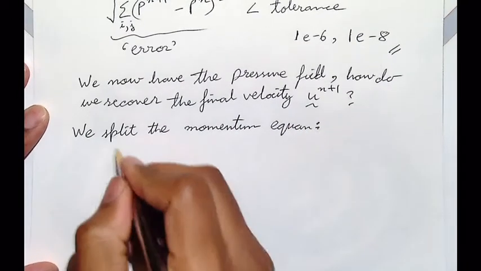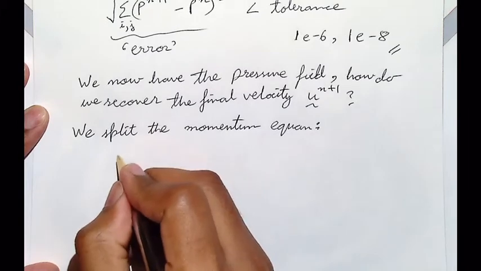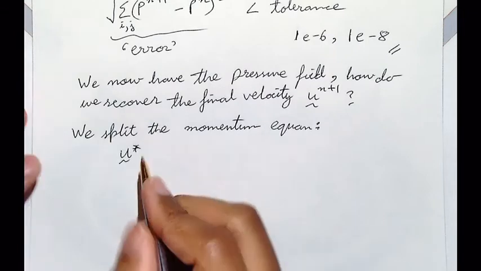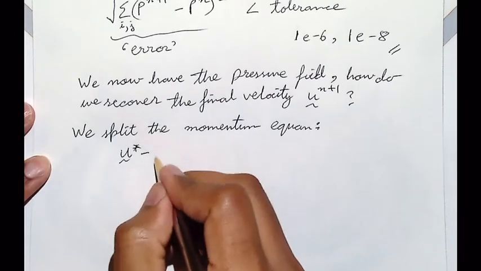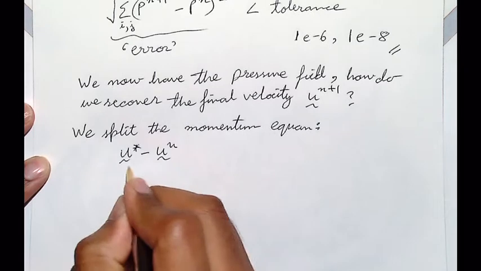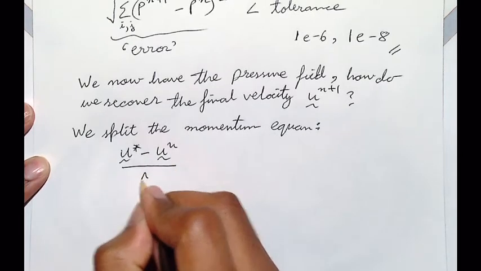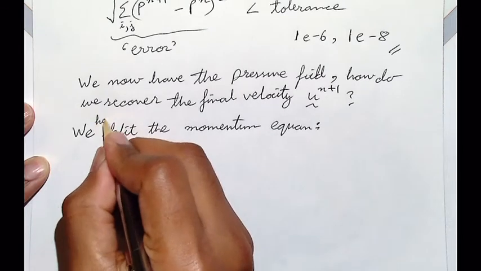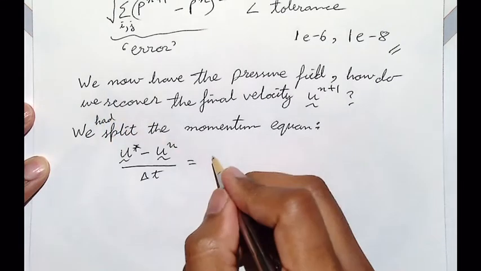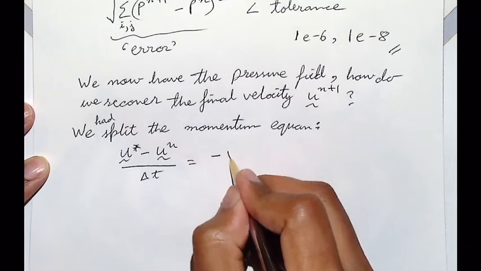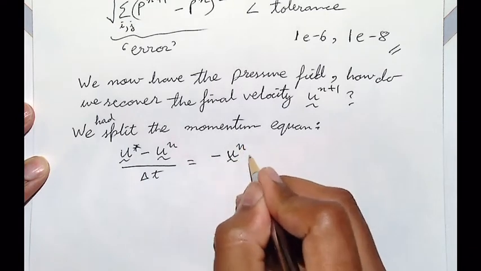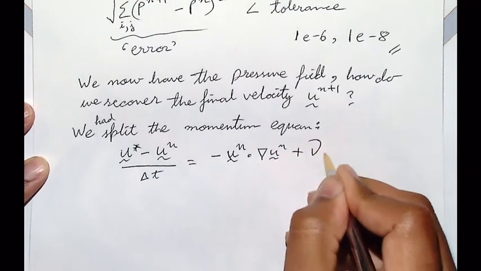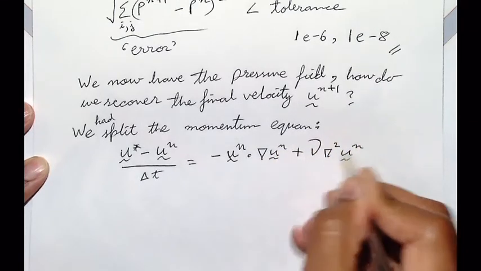We had said that we get u star, and let me combine advection and diffusion into one: u star minus u n over delta t equals minus u n dot grad u n plus nu grad squared u n.